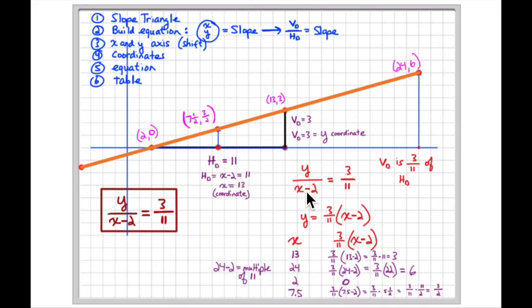Well, if you plug 0 in for x, 0 minus 2 is -2, and then you multiply by 3/11, you get -6/11. Notice this is -1 right here. This is a little bit more than -1/2. It's -6/11, and -1/2 would be the same as -6/12. Well, -6/11 is a little bit more than that as far as the length along the y-axis in the negative direction. So think about that for a bit.